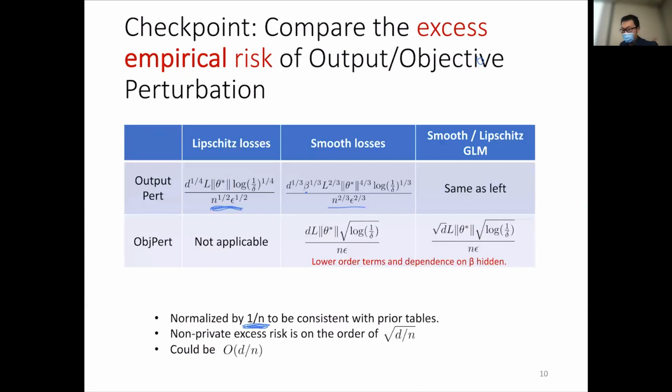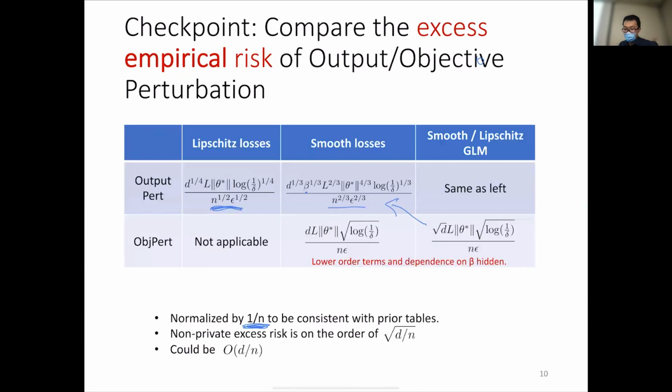And if we, in addition, assume the smoothness and Lipschitz properties are satisfied for a generalized linear model, then our objective perturbation gives us something that's more or less optimal. We can see that it depends on square root of d over n epsilon, and this is also a lot faster than this.